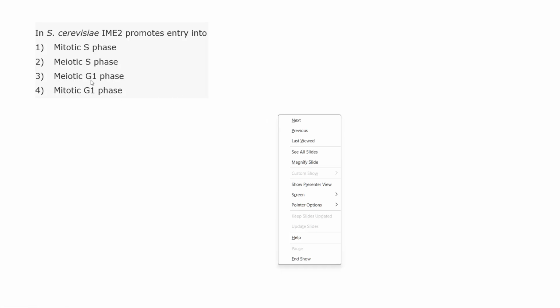Coming on to the next question. In Saccharomyces cerevisiae, IME2 promotes entry into which phase? Mitotic S phase, meiotic S phase, meiotic G1 phase, or mitotic G1 phase? Which may be the answer?